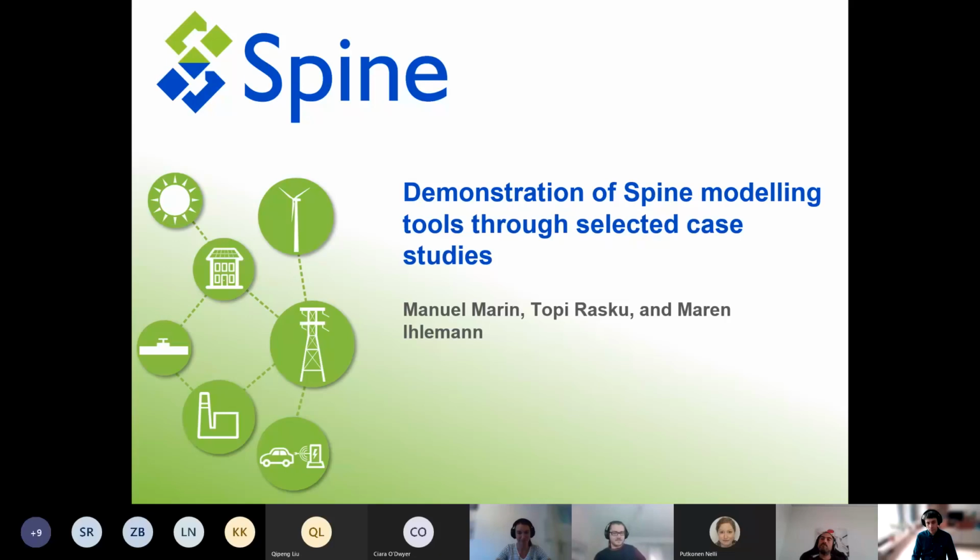So today we will see something out of that collaboration that shows more what the Spine can do, especially the SpineOpt model, what it can do when you go into more detail to the capabilities that's built into the Spine model, or SpineOpt as we call it, and then we use the case studies we have. Those case studies are not intended to be deep case studies that would really make a contribution to a specific research topic.